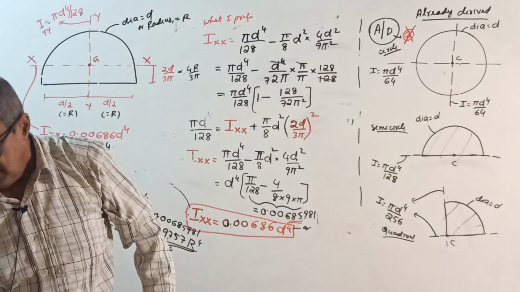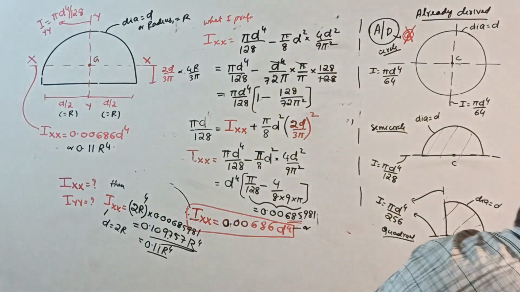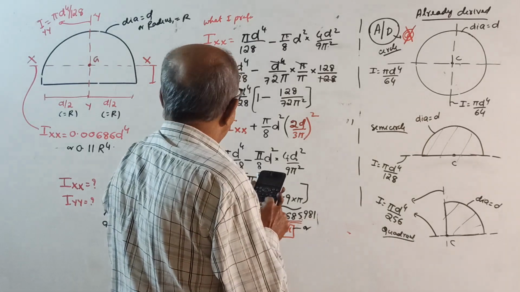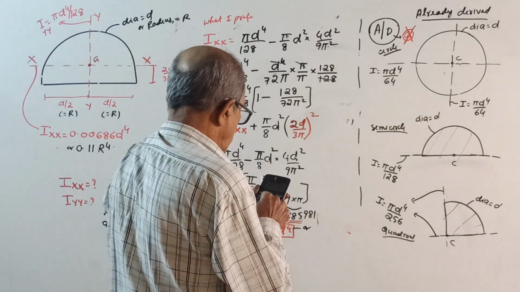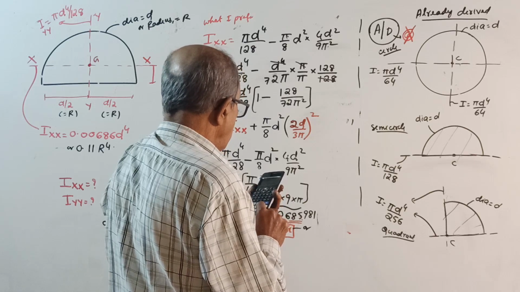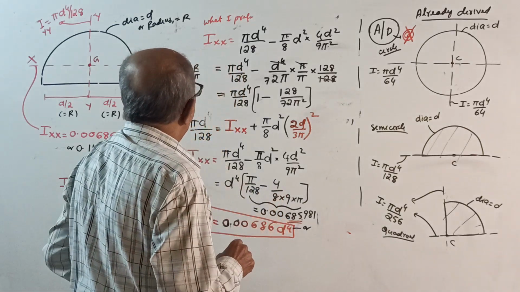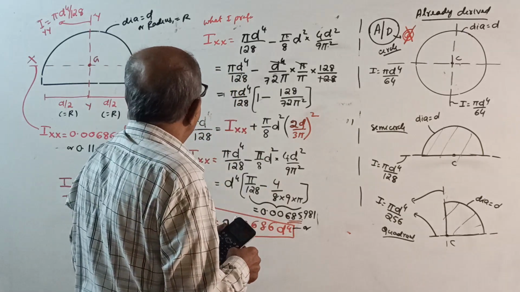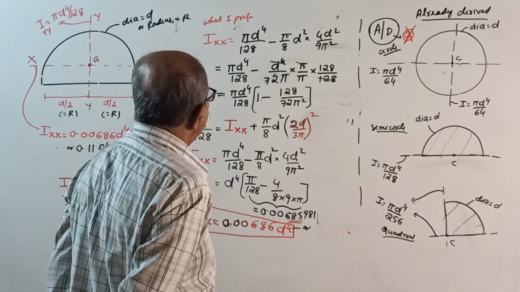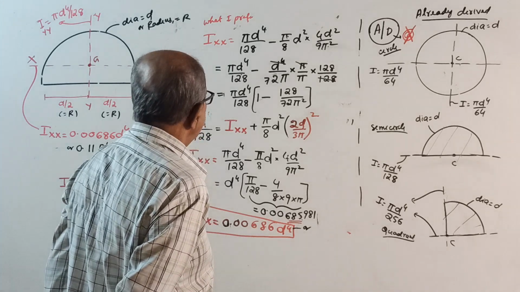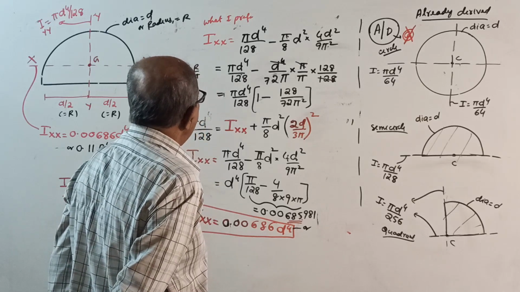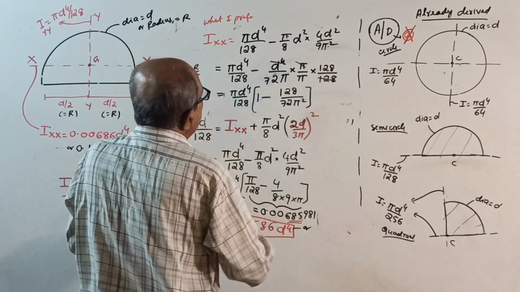Let me check the number. It is easy to check. 1 minus 128 divided by 72 divided by pi square, equal to some number into pi by 128, is giving some other number. Pi d power 4 by 128 minus pi by 8 d square into 2d by 3 pi whole square is 4d square by 9 pi square, or it is pi by 128 into d power 4. Oh, a 4 is missing here.